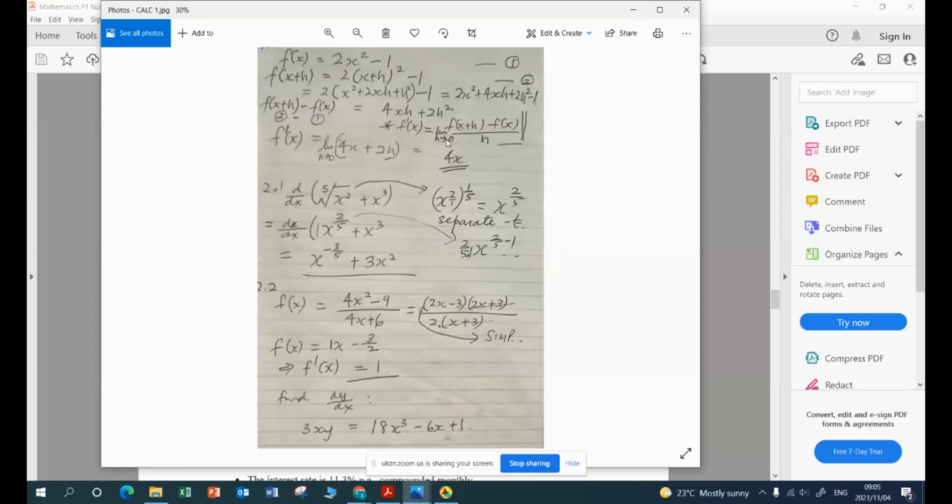Please write the limit h approaches 0 on the right-hand side, next to the expression f of x plus h minus f of x over h. When you simplify that, you'll get f prime x equal to the limit 4x plus 2h as h approaches 0. You substitute 0 for h, and your final answer is 4x.